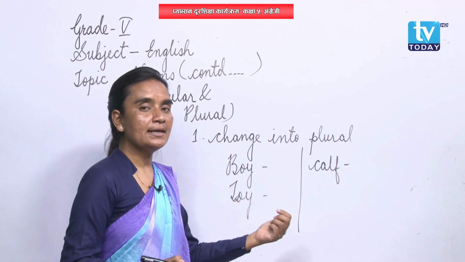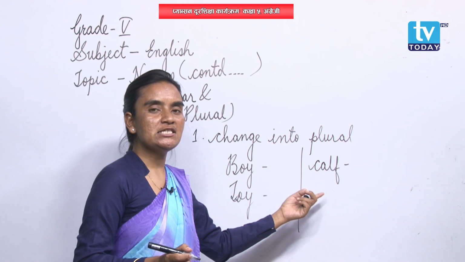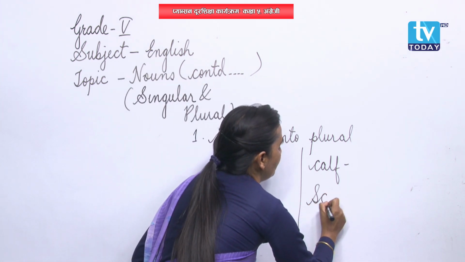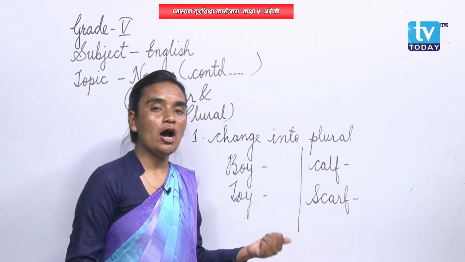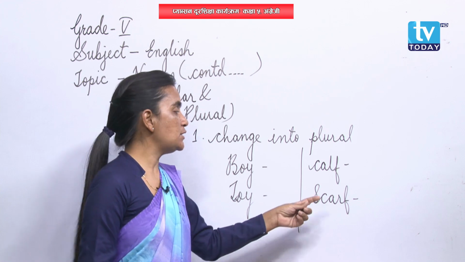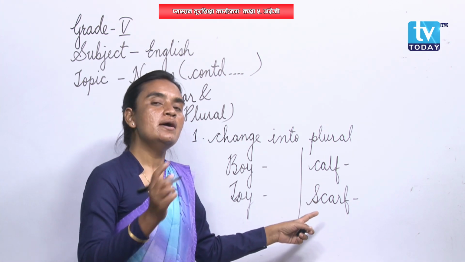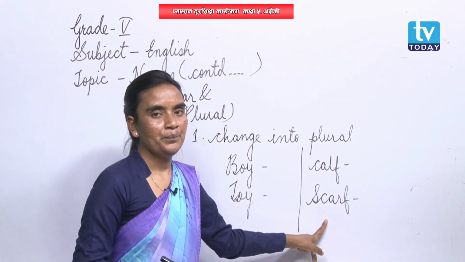That is the second last rule of today that we have done, to change it into plural. The next one is scarf. Scarf and calf should have a similar way of transformation, but remember children, I have given one more extra rule to be followed in case of scarf.